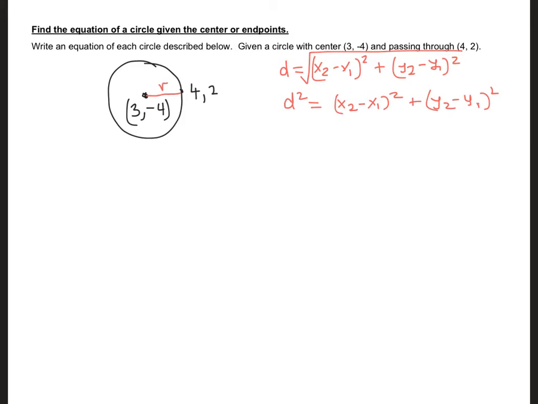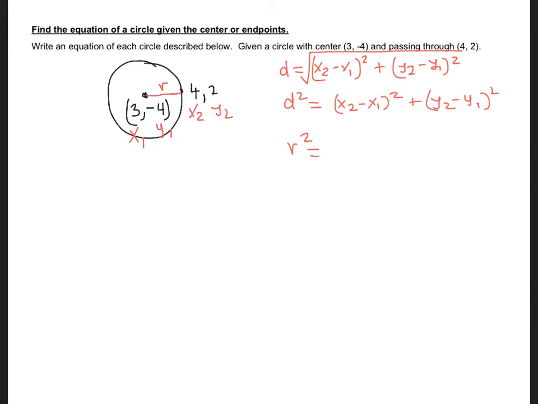In the same way, remember the formula applies for any distance. So to get the radius squared, which I need for my equation, I can call this my x1, y1, x2, y2.